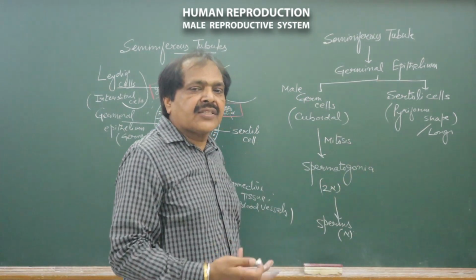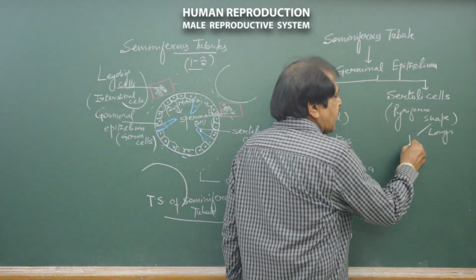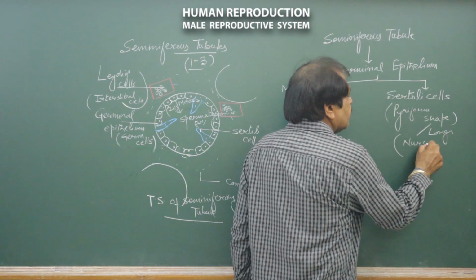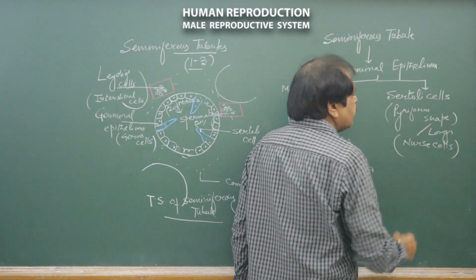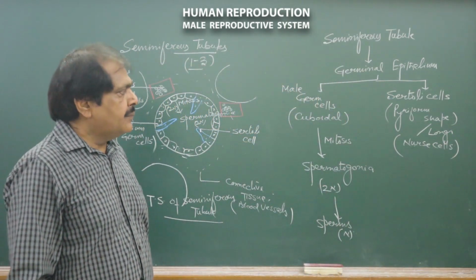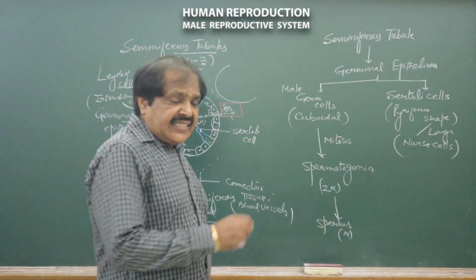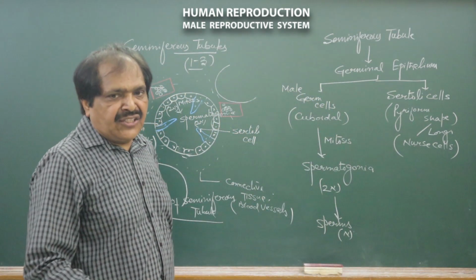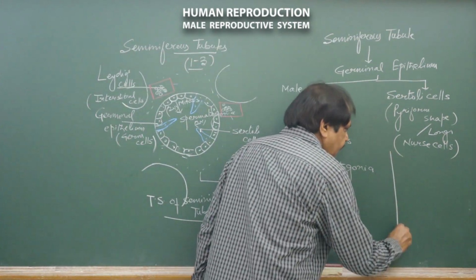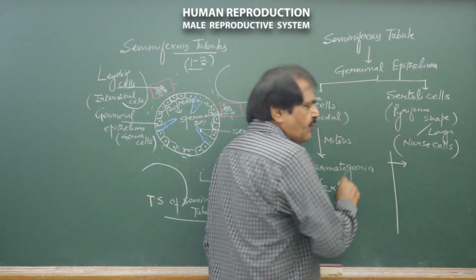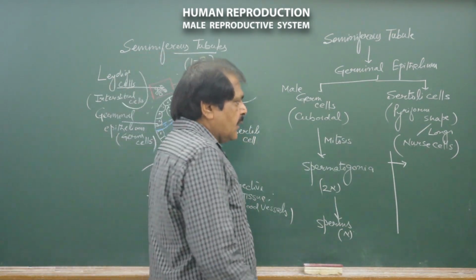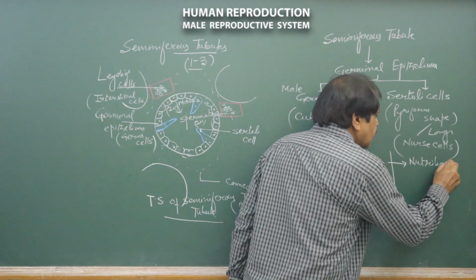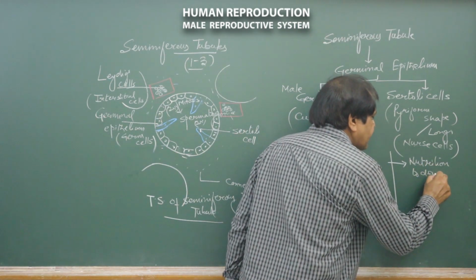Let us first tell what are Sertoli cells. Sertoli cells are also called nurse cells. These nurse cells have got three functions. Number one, nutrition to developing sperms.